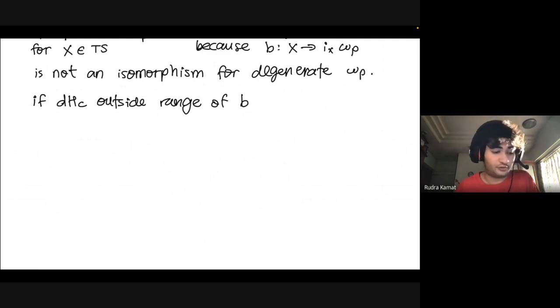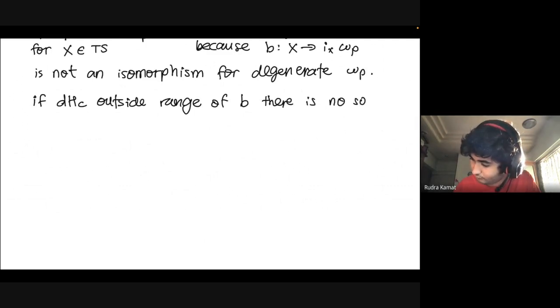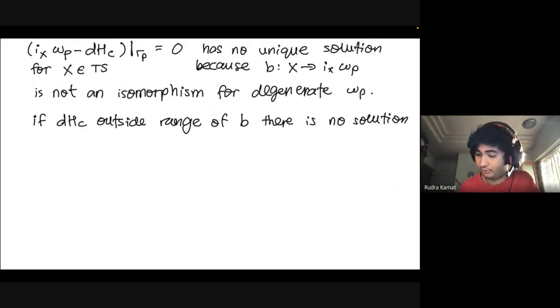So we shouldn't be outside the range of B. If we were outside the range of B, there is really no solution, because you really can't find an x that will have a dual back.